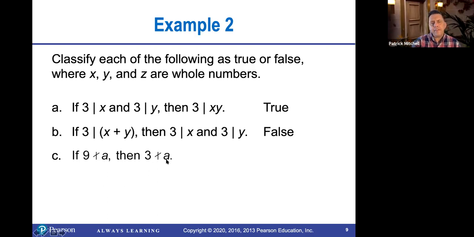If 3 does not divide A, then 9 does not divide A? I think that one might work. Yeah, I'm pretty sure that works. If 3 does not divide A, then 9 does not divide A. I think it works going that way.